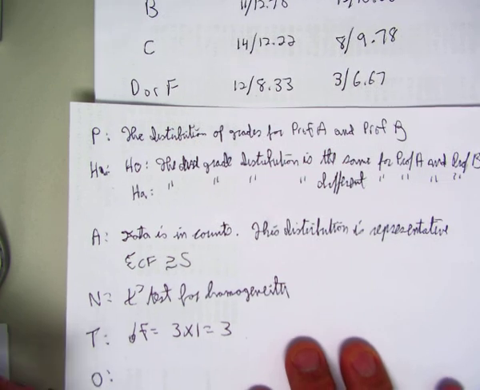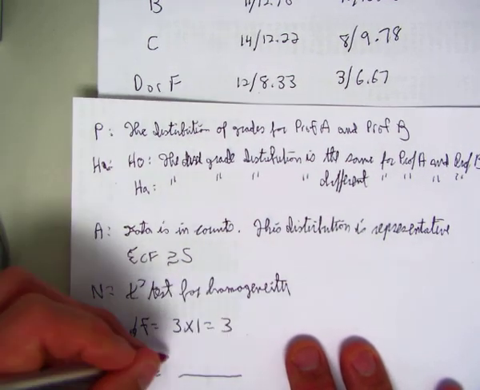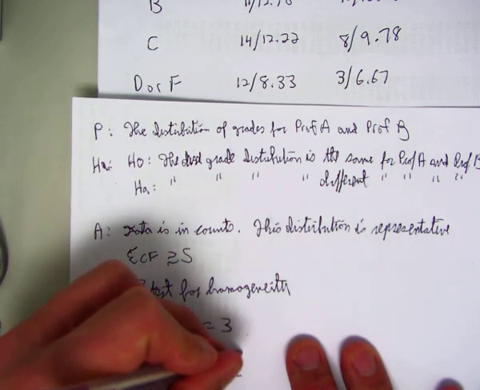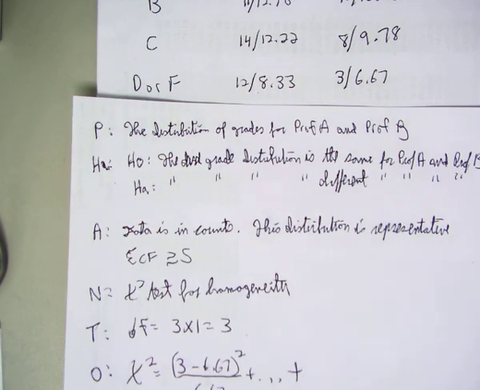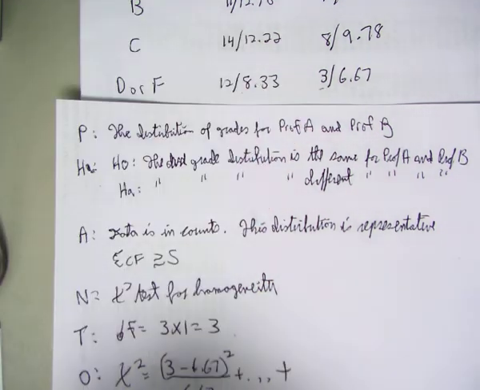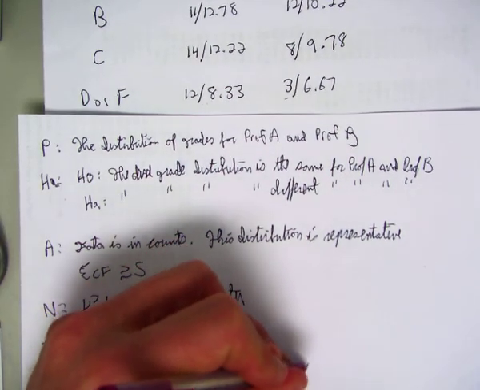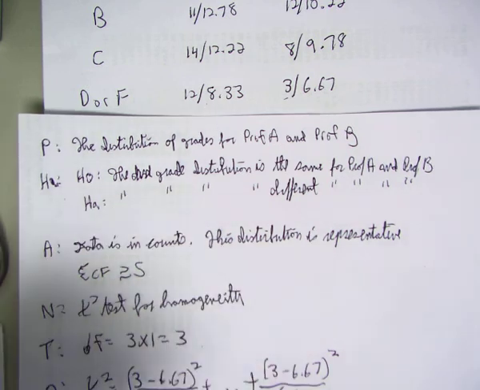Obtain P. Again, chi-squared is the observed for A's minus the expected, squared, over the expected, and I'm just going to go all the way to the D's or F's for Professor B, and he had 3 minus 6.67, quantity squared, over 6.67.